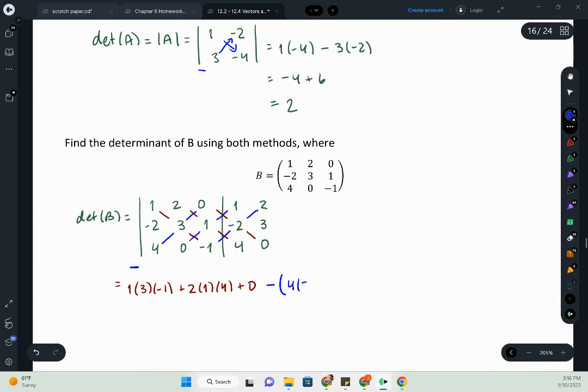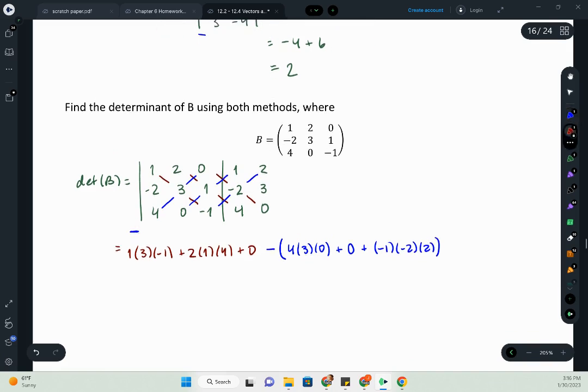So I get 4 times 3 times 0, oh that's going away, plus, there's another 0, plus a -1 times -2 times 2. All right, so we just have to simplify this. This gives me a -3 plus 8, and then I have minus 4. So in total, this is going to give me 1.